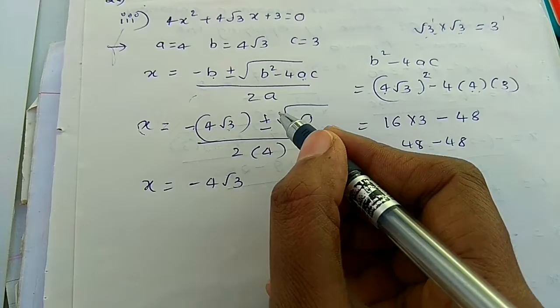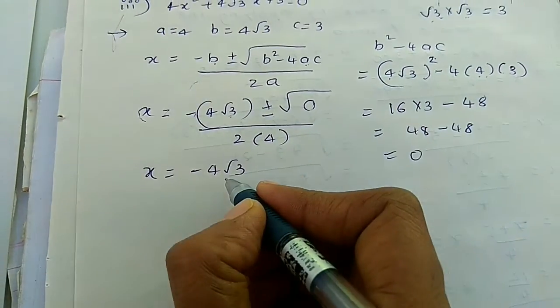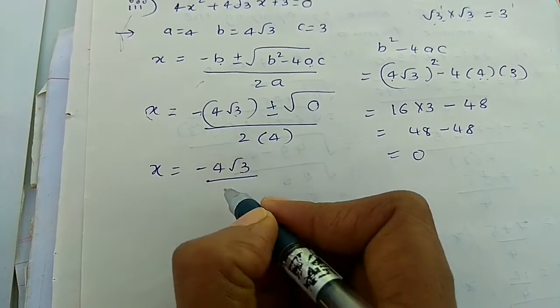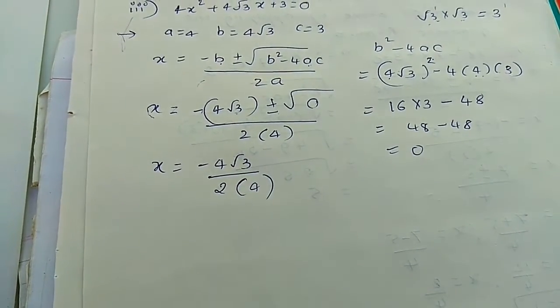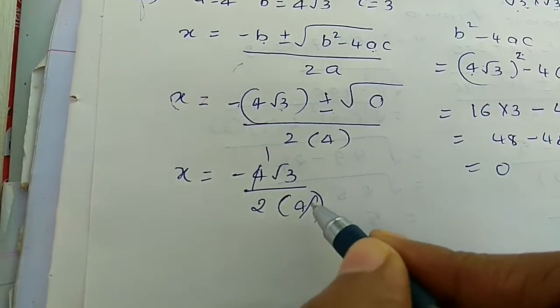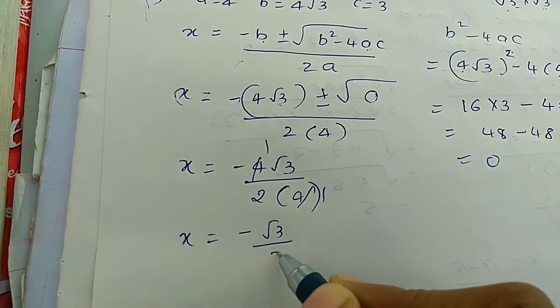Root of 0 is 0, and if we add or subtract it, it is the same only, divided by 2 into 4. So 4 ones are 4, 4 ones are 4. So x equals minus root 3 upon 2.